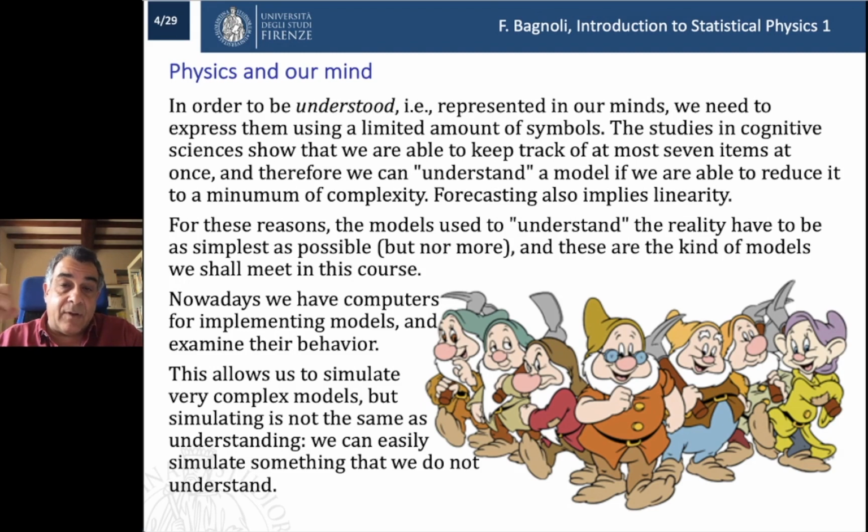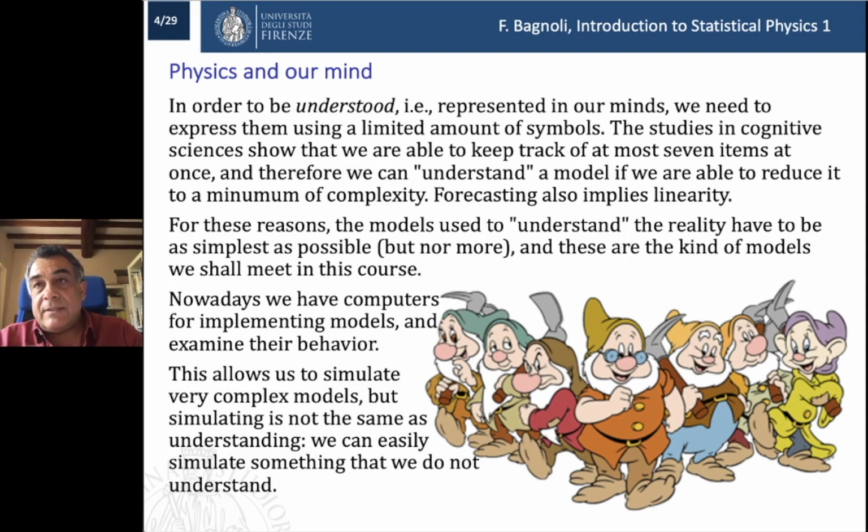So when we design a model, we try to keep it as simple as possible. And another characteristic that we exploit a lot is linearity. Linearity means that if something has grown at a certain rate in the past, we expect it to continue to grow.